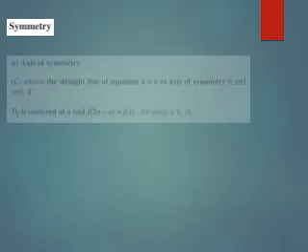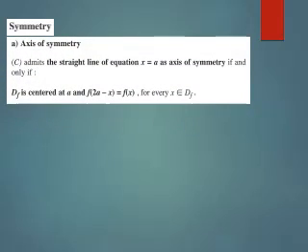Now the symmetry. As I told you before, if it's an even function, we have an axis of symmetry. The axis of symmetry could be y prime y, or x equals 1, or x equals 2, or x equals 3. So the general equation of this axis is x equals a. If I need to prove that this straight line is an axis of symmetry, I have to use this rule.